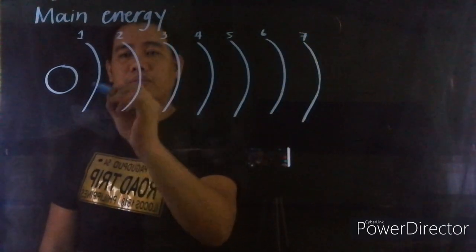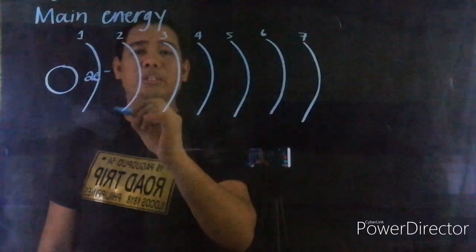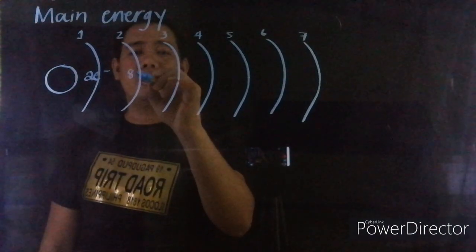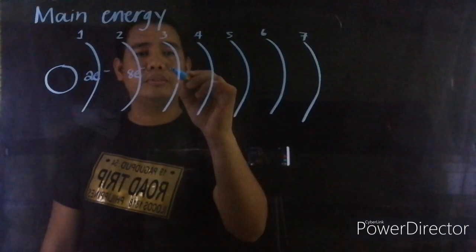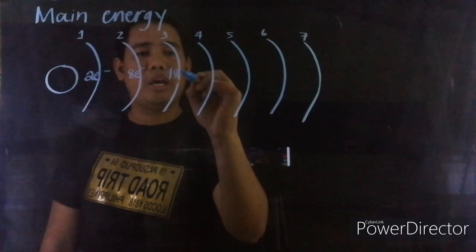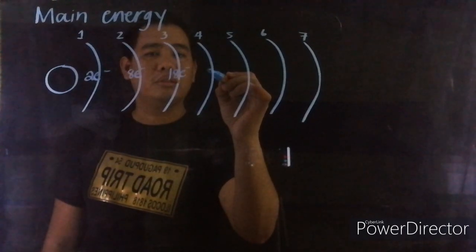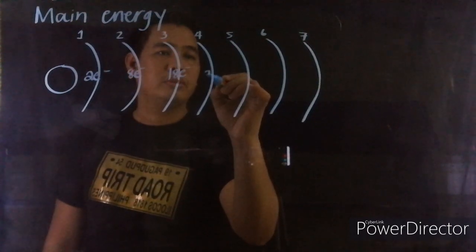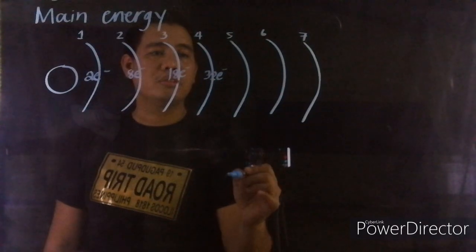So we have 2 electrons. For the second shell, we have 8 electrons. Third shell, we have 18 electrons. The fourth shell, we have 32 electrons.